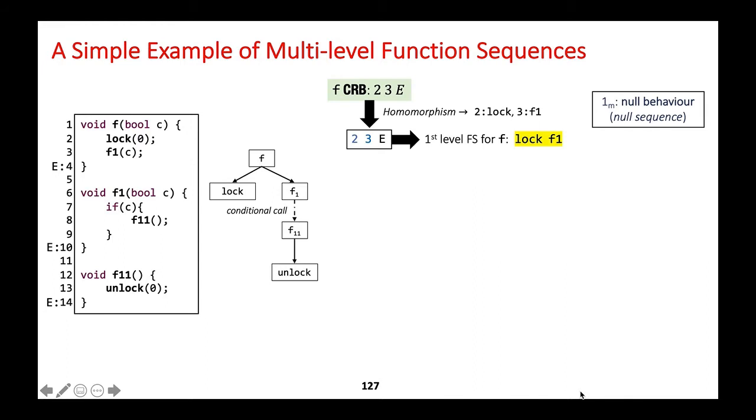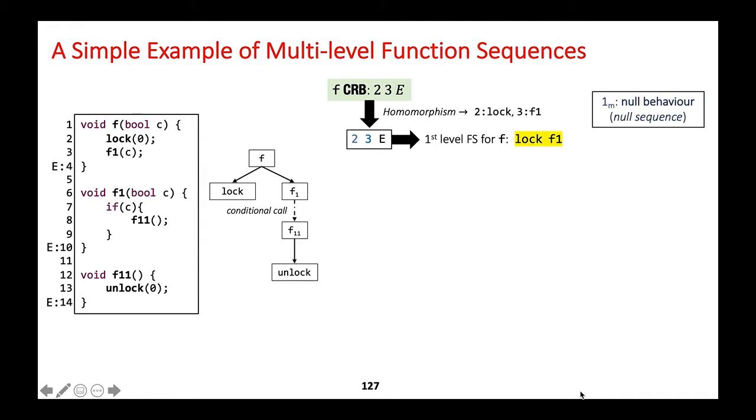So the way we compute multi-level function sequences, there are two important things to keep in mind. One is we apply homomorphism using function calls as the relevant statements. So we compute the first level function sequences using the homomorphism.